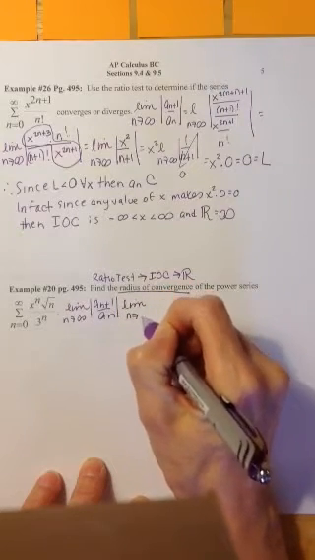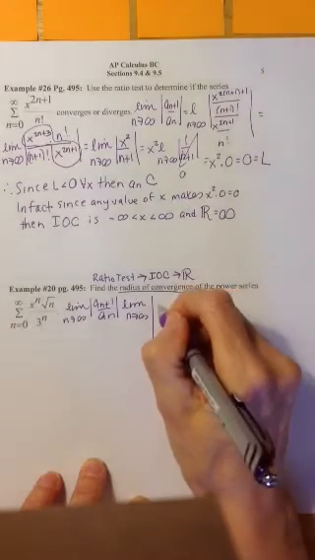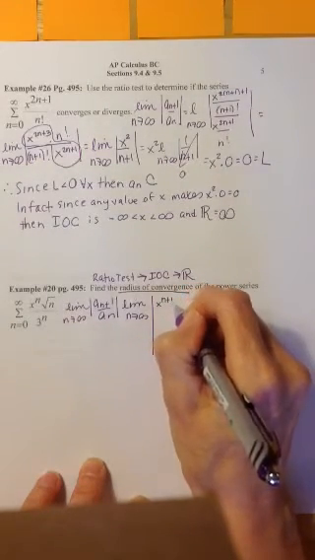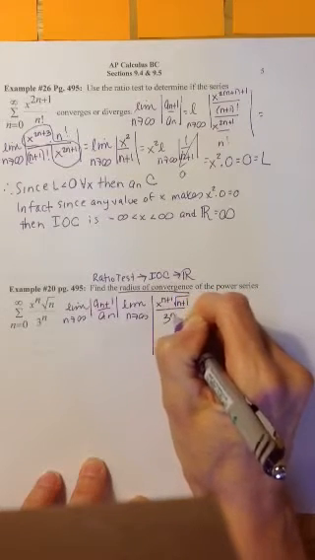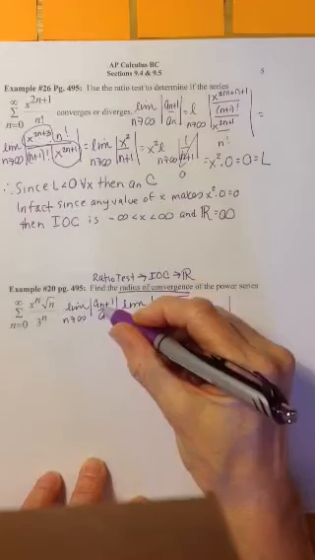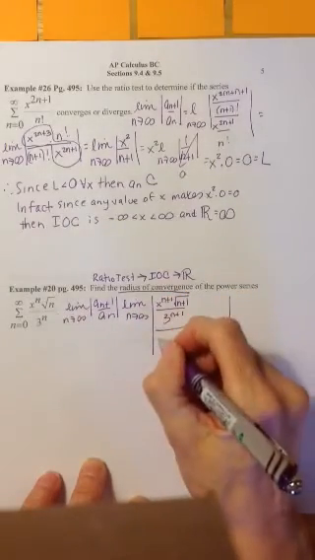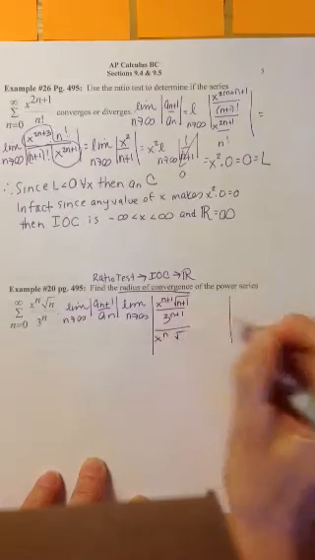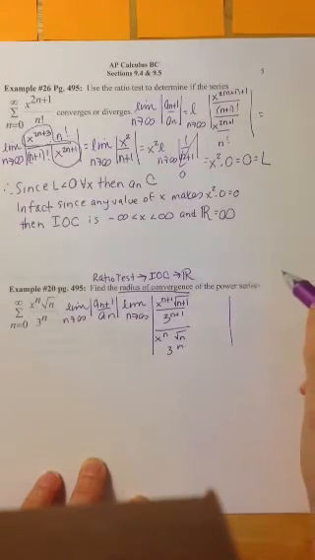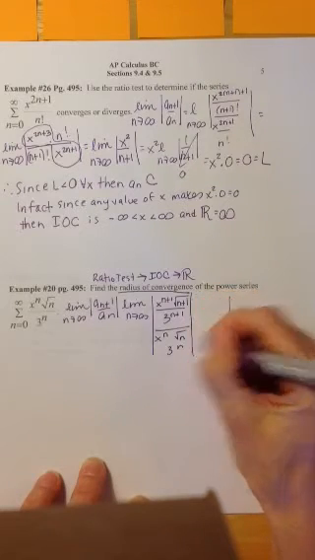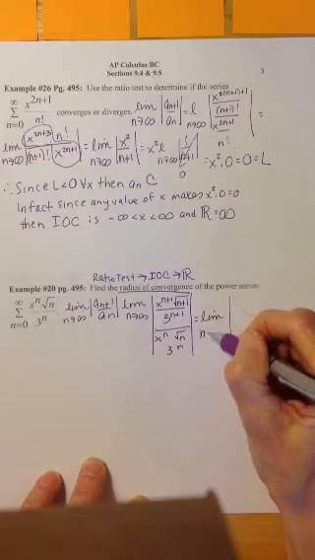So n goes to infinity. Draw out our absolute value signs. It's going to be x to the n plus 1, square root of n plus 1, divided by 3 to the n plus 1. That's my a sub n plus 1, divided by my a sub n, which is my original, x to the n, square root of n, over 3 to the n. I left too much room here, but that's okay. So I'm going to say equals the limit as n goes to infinity.